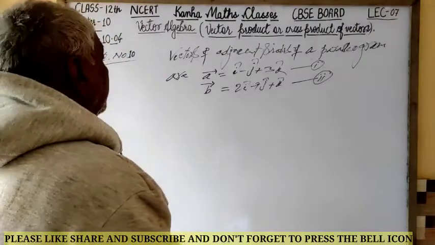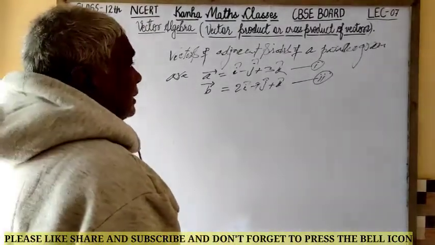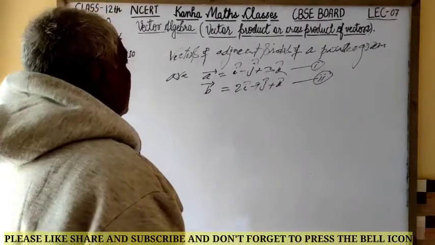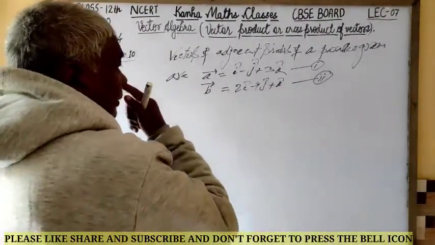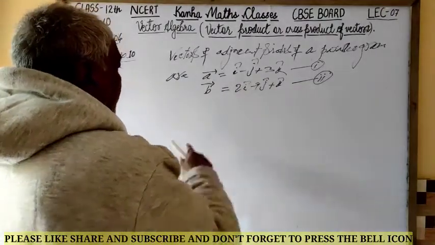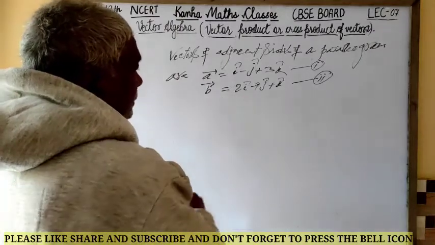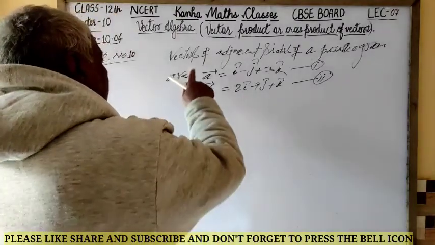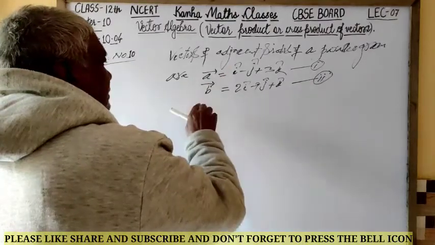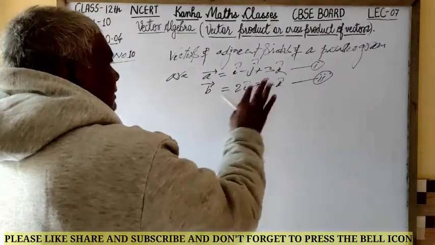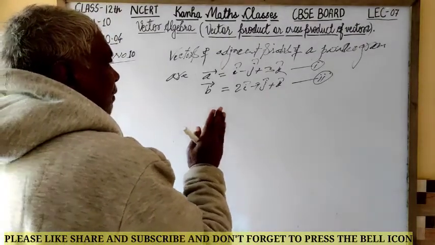In question number 10, the vectors of adjacent sides of a parallelogram are given such that vector A is equal to i minus j plus 3k and vector B is equal to 2i minus 7j plus k. These are vectors of adjacent sides, the sides whose beginnings are the same.